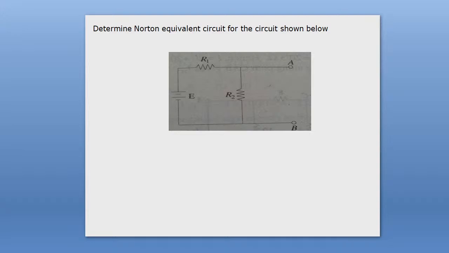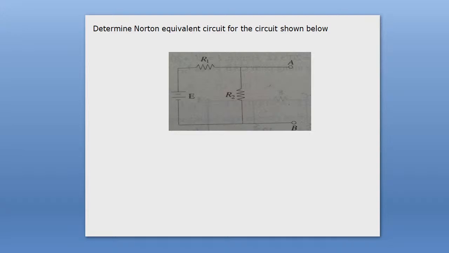For this case, you see terminals AB, already the load resistance is removed. If you remember the steps required for Thevenin's theorem, those steps you can use.